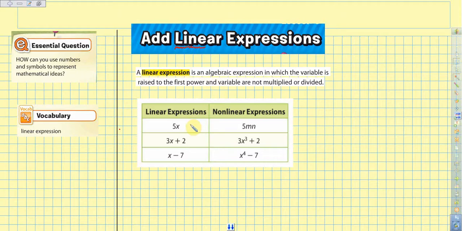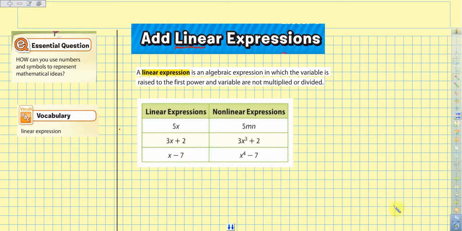Sometime in the future you're going to use these expressions within equations and you're going to be able to draw a line from them. These over here will not make a line, they make some form of a curve or an ellipse or a parabola. But when we talk about linear expressions, it's a line.